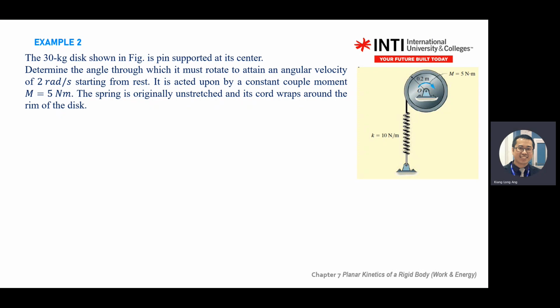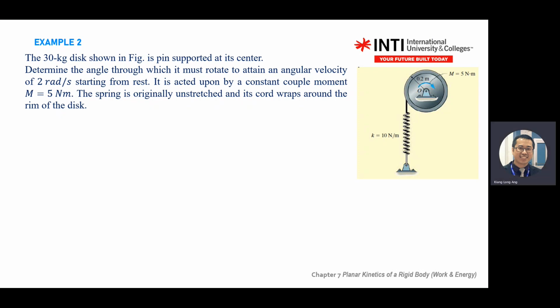So the moment created at G point will be different from the moment created at O point. If your O point and G point are the same, then you use the IG formula.